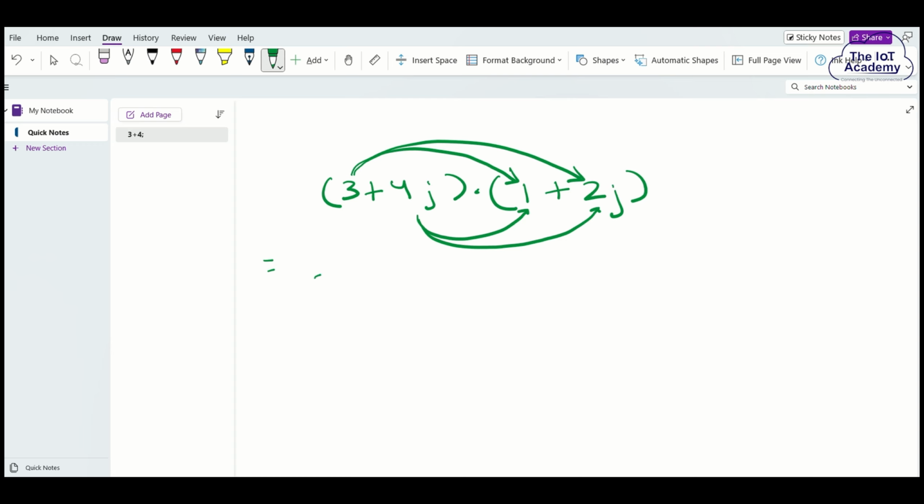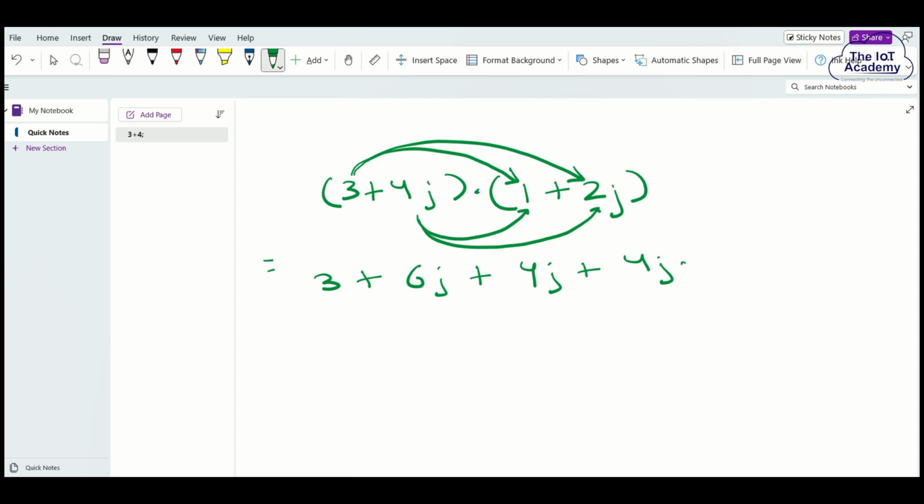So 3 times 1 is 3, plus 3 times 2j is 6j, plus 4j times 1 is 4j, plus 4j times 2j.